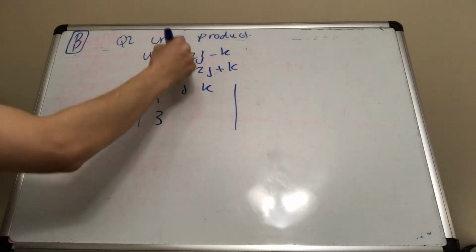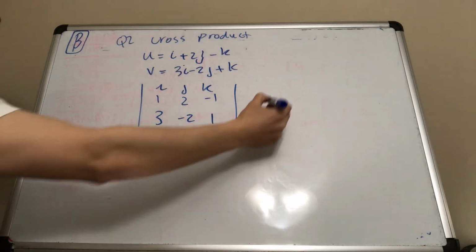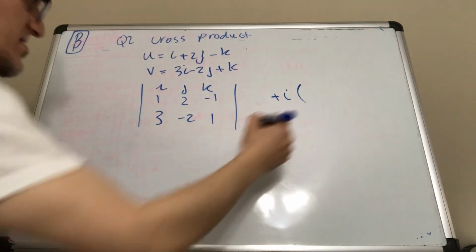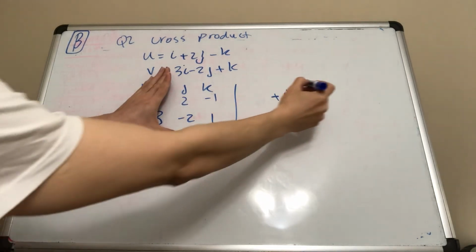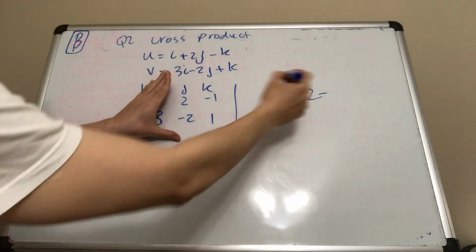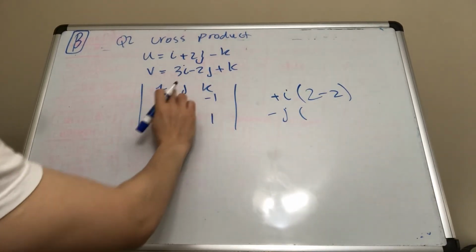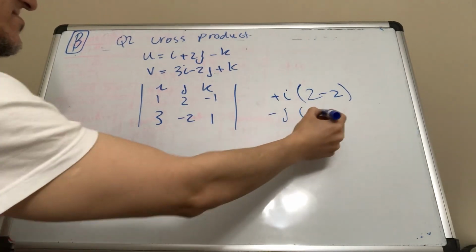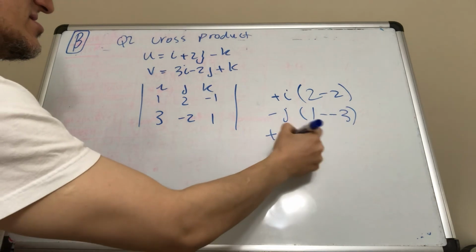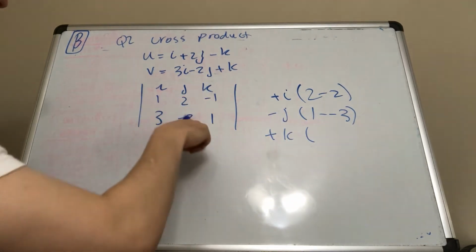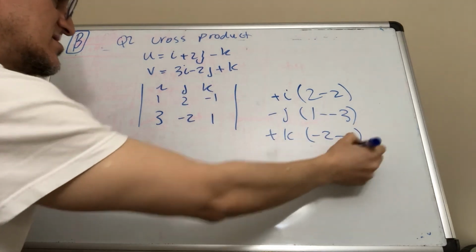It's 1, 3 for the i, 2, 2, negative 1, 1. i is positive. So you hide the i column and this time this is 2, and this time this is 2. j is negative, you hide the j, this time this is 1, this time this is negative 3. k is positive, you hide the k, this time this is minus 2, this time this is 6.